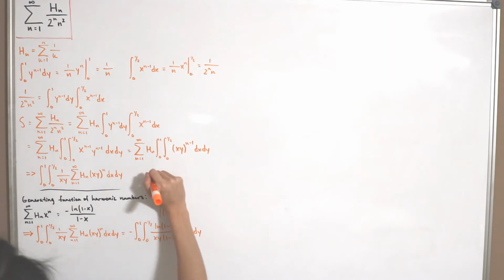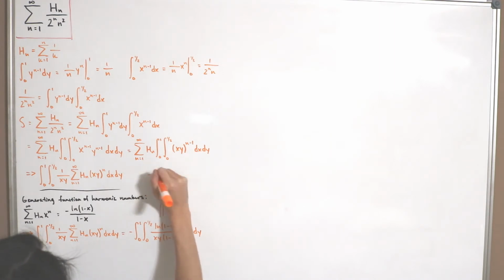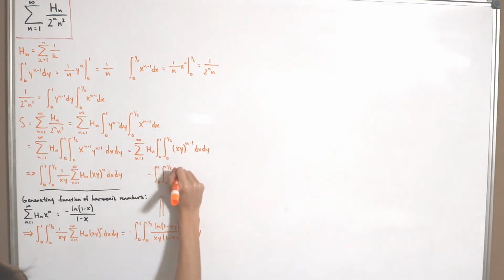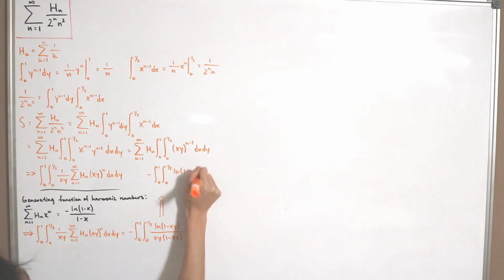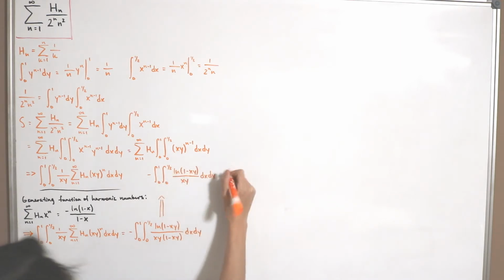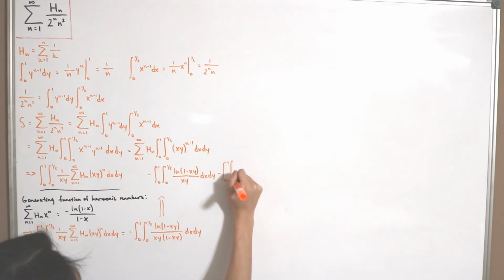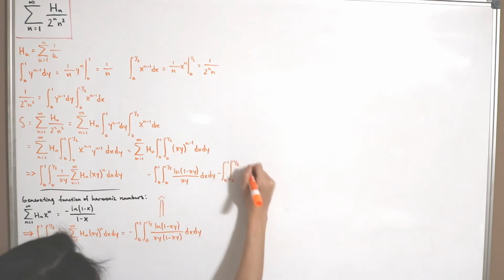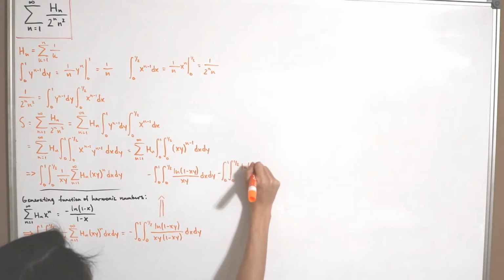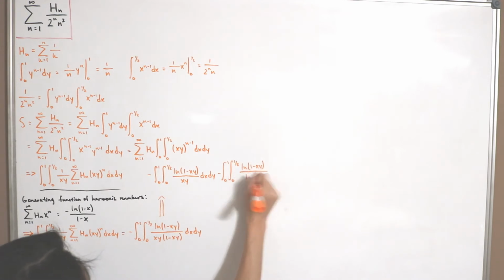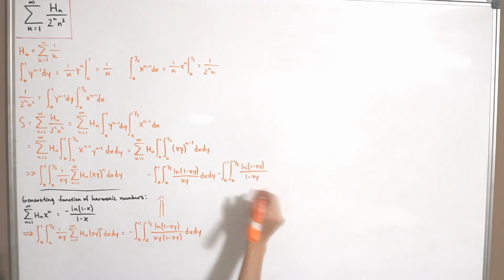But skipping all those steps, using partial fraction decomposition, we get that this is the negative double integral, same bounds of course, of the natural log of 1 minus xy, then divided by xy, dx dy, and then subtract that with the double integral, same thing from before, except this time we end up with a different denominator: the natural log of 1 minus xy, then divided by 1 minus xy, and then dx dy.